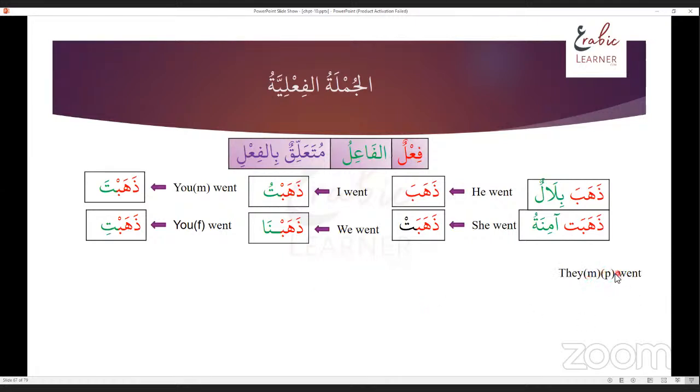"They," masculine plural, went. Zahabu. Well done. "They," feminine plural.